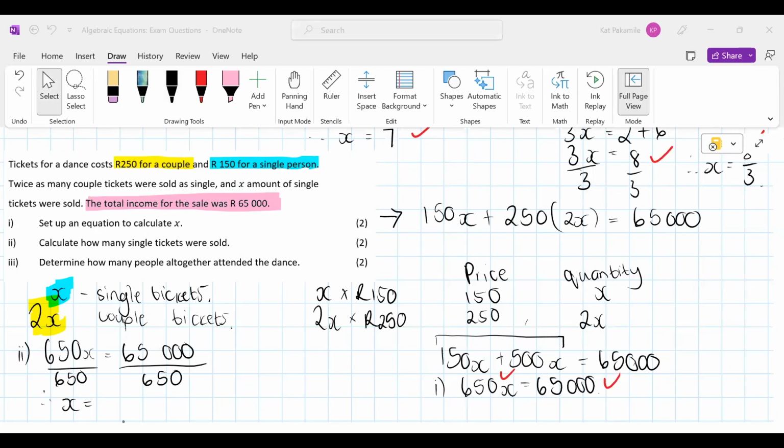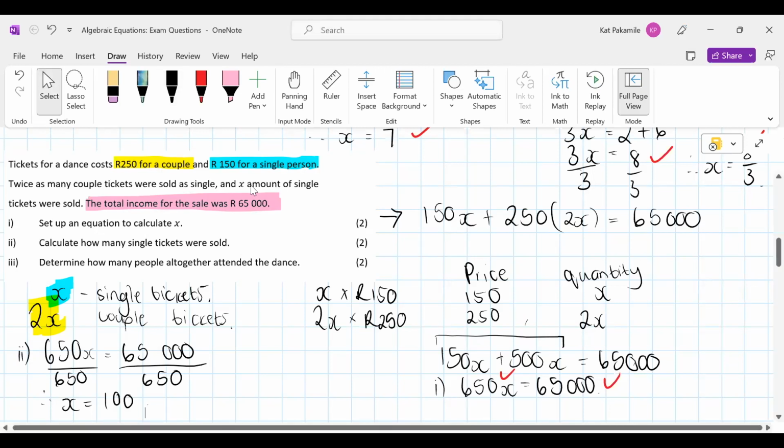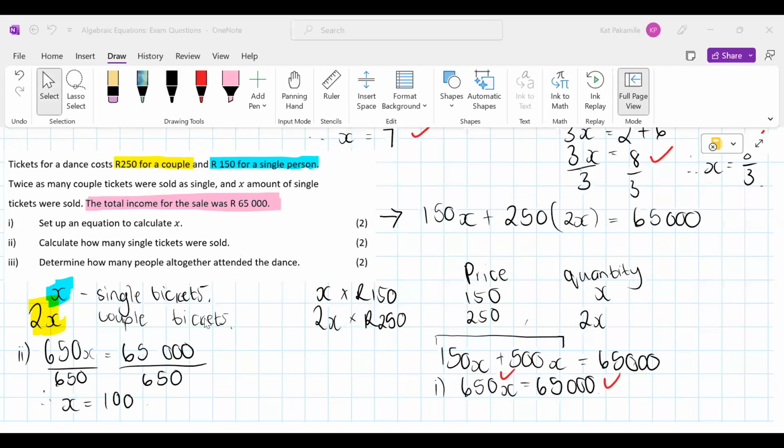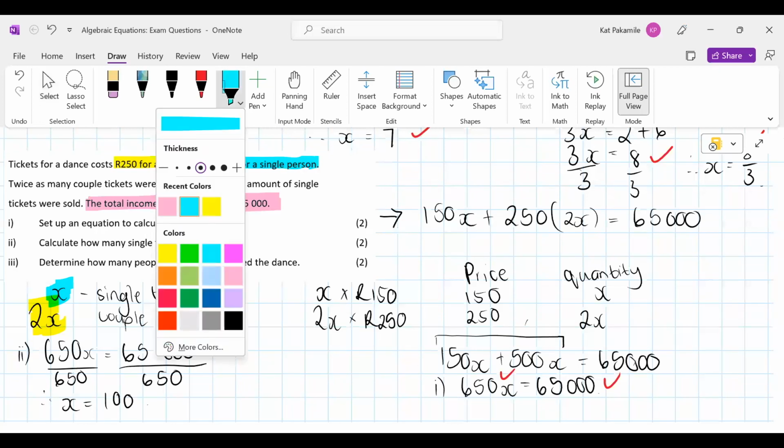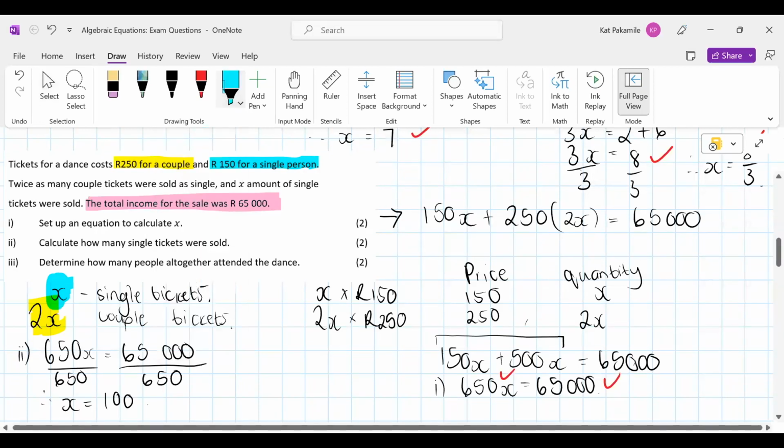Thank you, Tobile and Bontle. So since X is 100, guys, tell me what 100 tells us. It tells us the amount of single tickets that were sold. Remember in the beginning we said the amount of single tickets sold is X. So then X is 100.